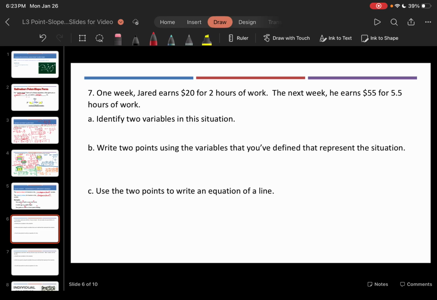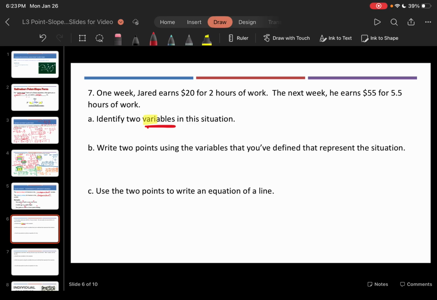So here's an example of a word problem. One week, Jared is earning $20 for 2 hours of work, and the next week he's earning $55 for 5.5 hours of work. So step one, you're going to identify variables in this situation. The root word in the word variable is vary. A variable varies or changes, right?